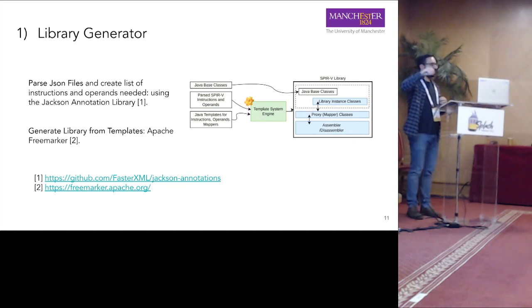With one framework, we annotate based on the JSON structure file, and we get back the list of SPIR-V instructions, SPIR-V operands, and SPIR-V kinds, if you like, data types. Once we have those lists in memory, we use the FreeMarker library to, one by one, generate Java code for those instructions and those operands. At the end of the process, you have a full library in a jar file format ready to be consumed by a customer, by a client.